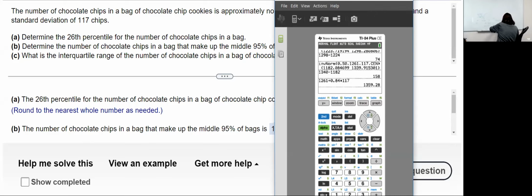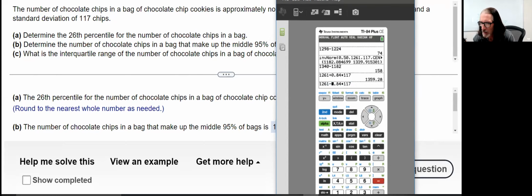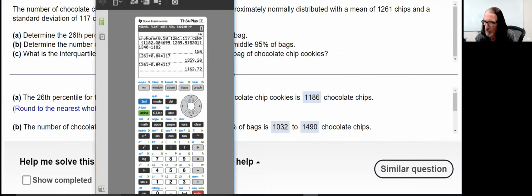So I should be subtracting, instead of adding, from 1261. We were supposed to come up with something similar to what was on the TI-84, which was when rounded 1186.